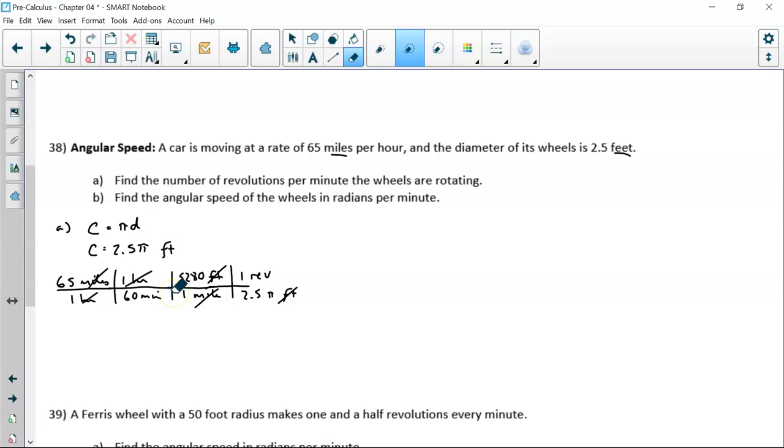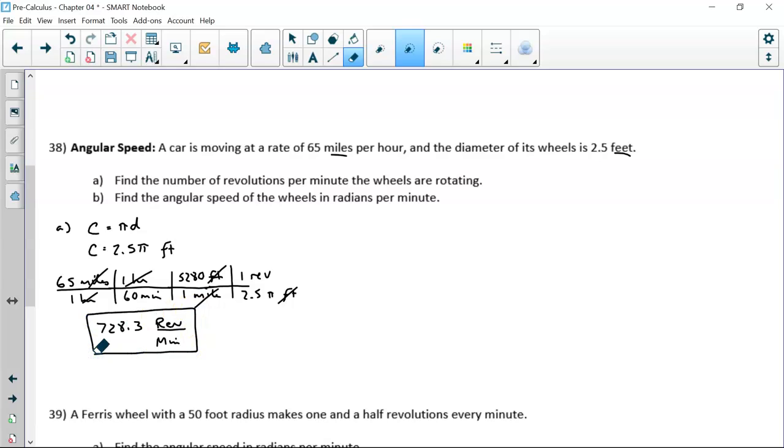So you want to multiply all the numerators, multiply all the denominators, and divide. So you're going to get about 728.3 revolutions for every 1 minute. That's the number of revolutions per minute that the wheels are traveling.